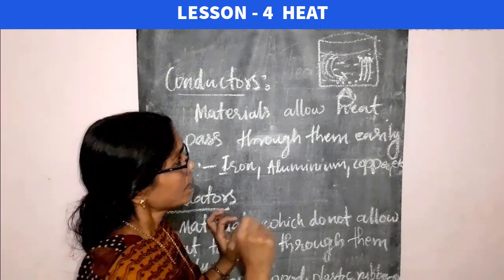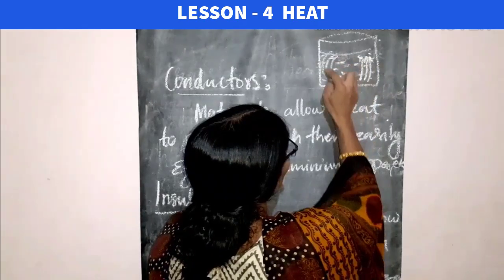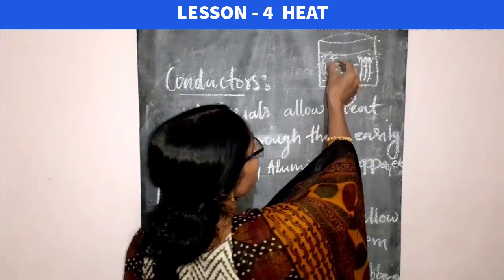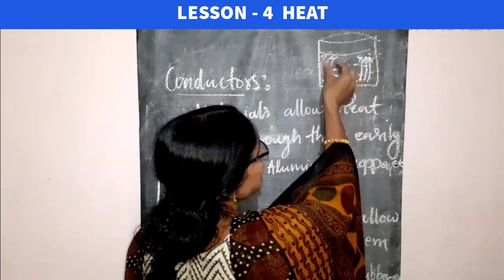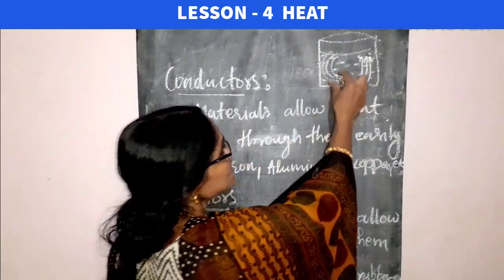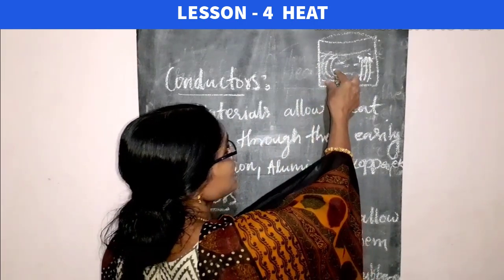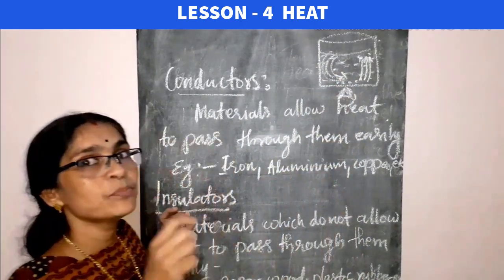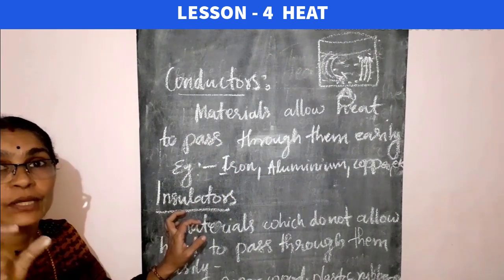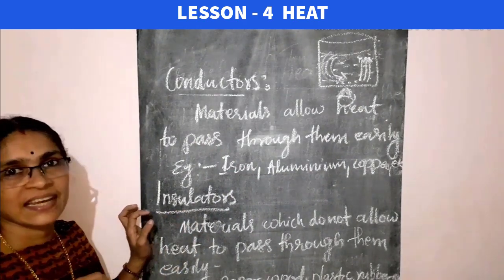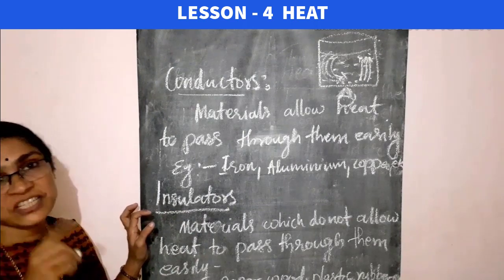Okay. And this movement of molecules is due to the transfer of heat. This type of transfer of heat that takes place by the bulk movement of molecules in a fluid or liquid is termed as convection. What is convection?